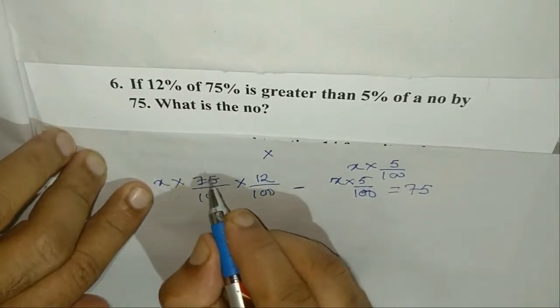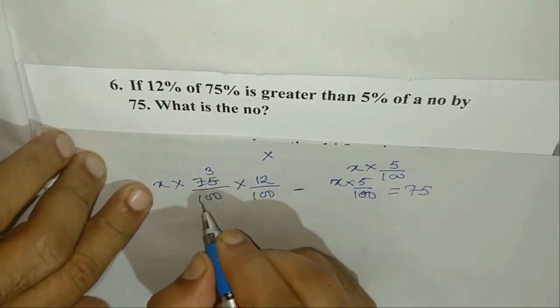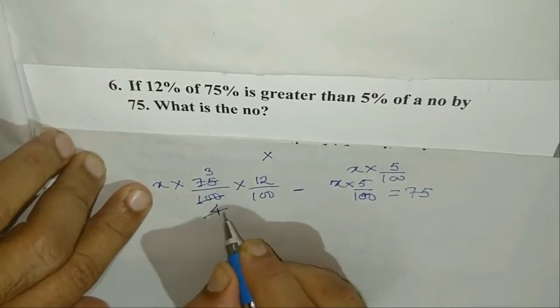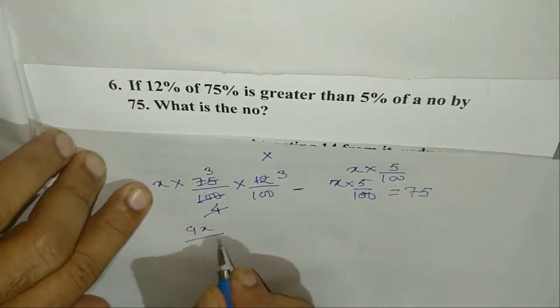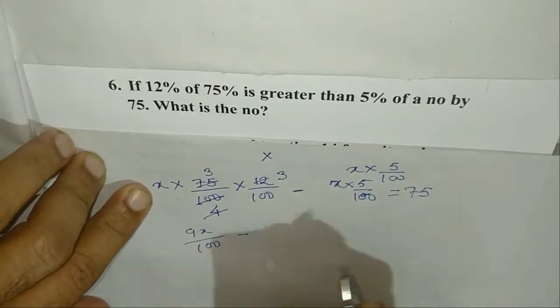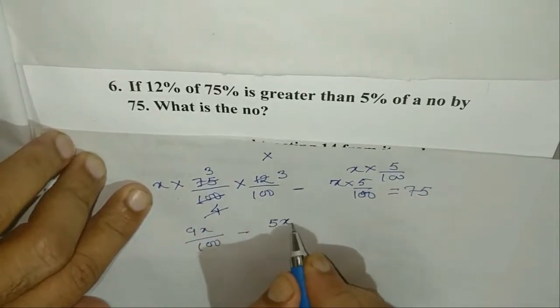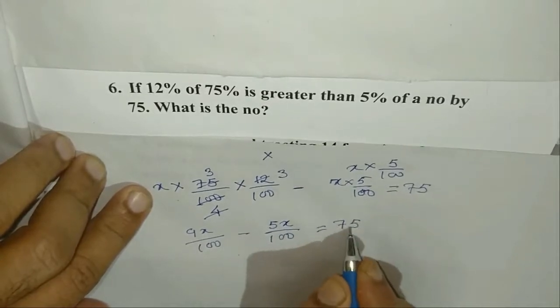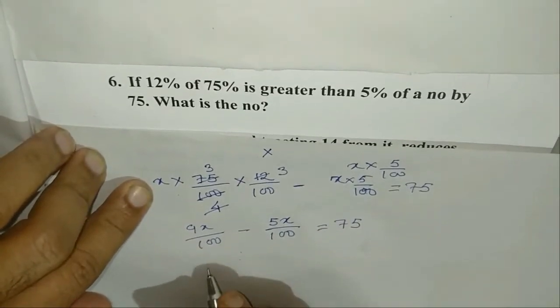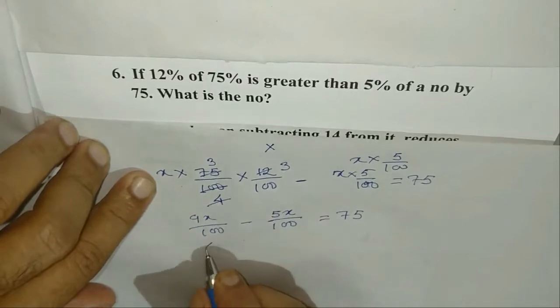Now what will come if we calculate this? We are dividing this with 25, so it will come 3, it will come 4, right? 4 into 3 is equal to 12. So we'll get 9x by 100 minus 5x by 100 is equal to 75.